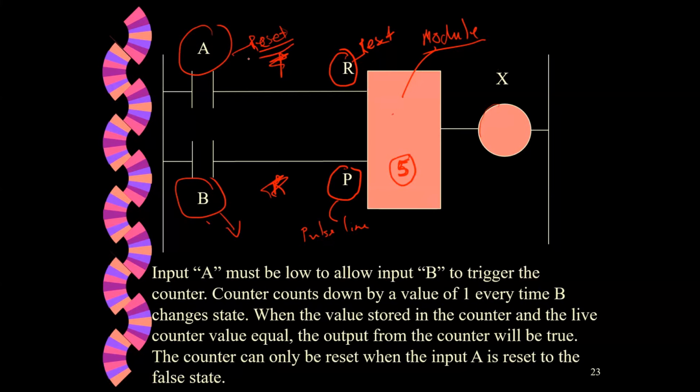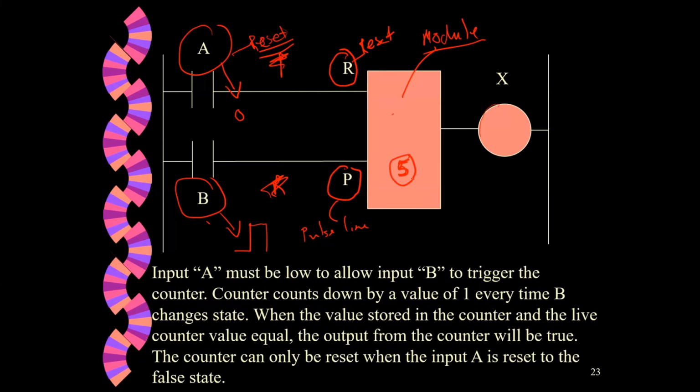Now, for the counter to do its job, the A must be 0. That means it should not be true. It should be false to start with. The reset line must be down, like the latch. Now B becomes true, let's assume for a short time.